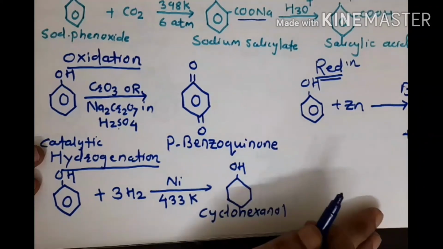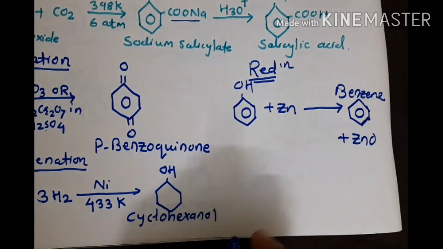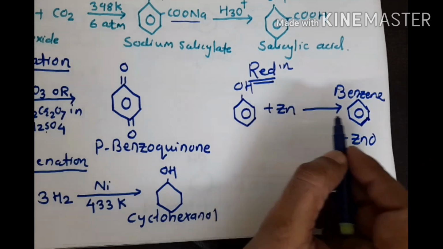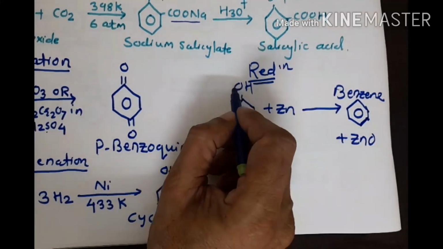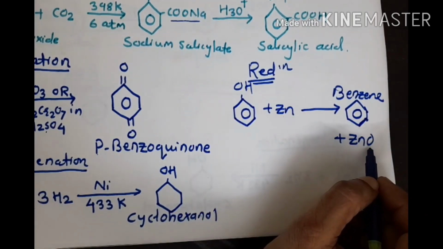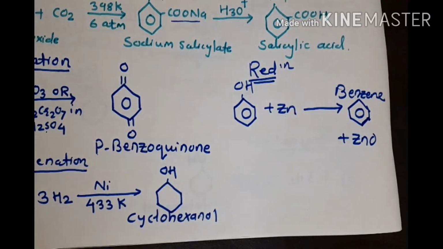And the next chemical property that we discussed in today's lecture is reduction of phenol. Phenol on heating with zinc dust undergoes reduction and gets converted into benzene. Oxygen is removed from the phenol and goes to zinc, giving you ZnO, that means zinc oxide. Clear? That's all about the chemical properties of phenol.